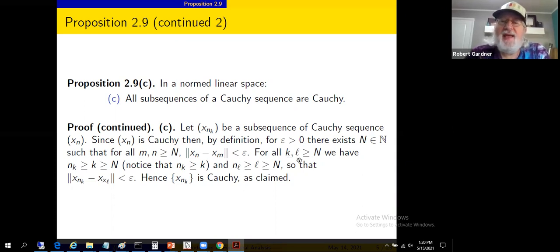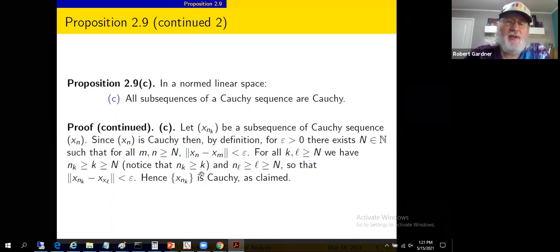So take any k and l, these will be related to the subsequence. For any k and l greater than or equal to capital N, we have n sub k is greater than or equal to k, and n sub l is greater than or equal to l.